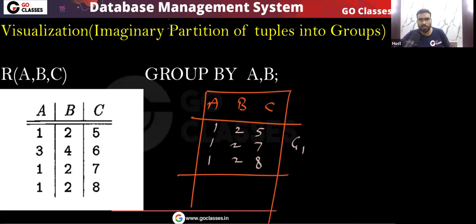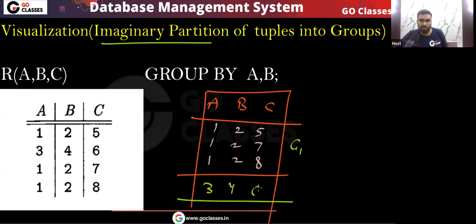This numbering I am giving is not the actual numbering, it is just for my convenience and understanding. There is no group number 1 or group number 2. This is just imaginary grouping. So you can think like this, and another group will be like this.